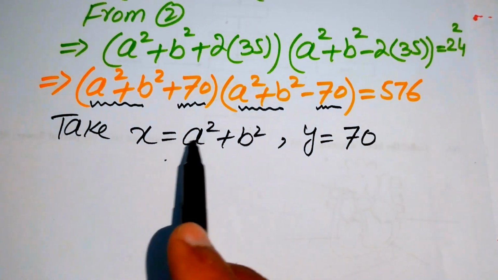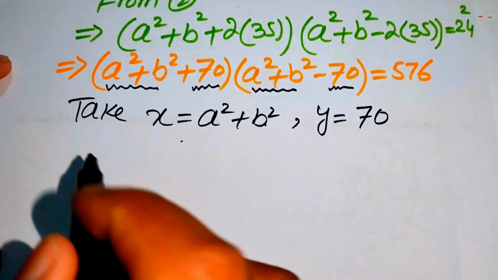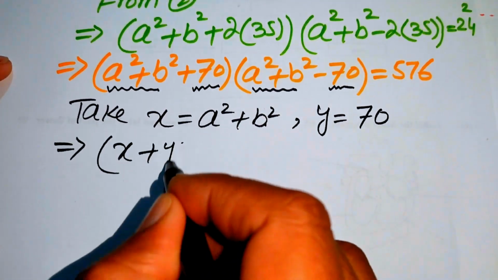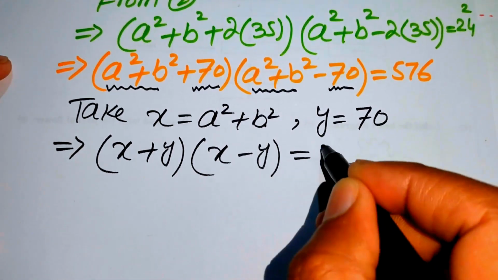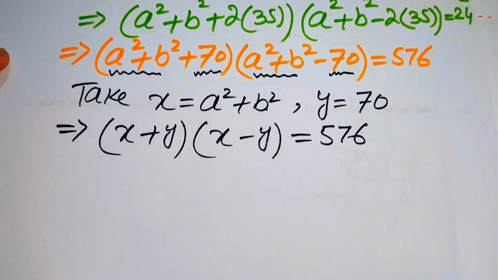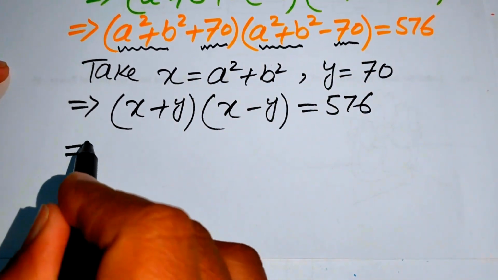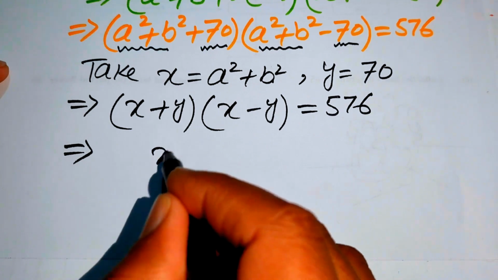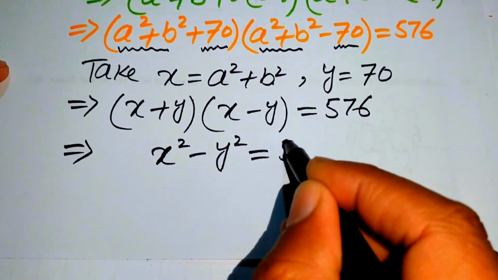When we put a² + b² = x and 70 = y, the above expression becomes (x + y)(x − y) = 576. Here you see that it becomes a nice square identity. So we combine (x + y)(x − y) as x² − y², and it equals 576.